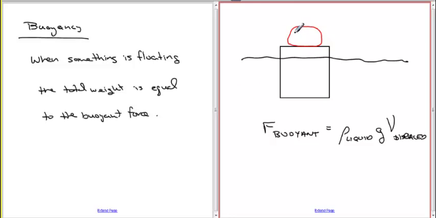But as long as the weight of this thing is not too large, it's going to go down into the water, but it's not going to sink. So if you knew this is your weight, and you know the liquid is water, that's 1,000 kilograms per meter cubed, and g is 9.8 meters per second squared, you can calculate the volume displaced. And once you know the volume displaced, you can figure out how much height the thing goes down. So that's buoyancy.